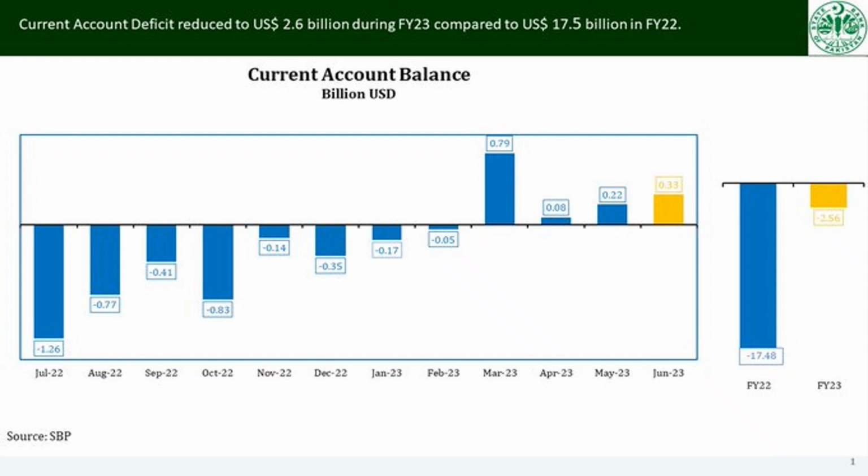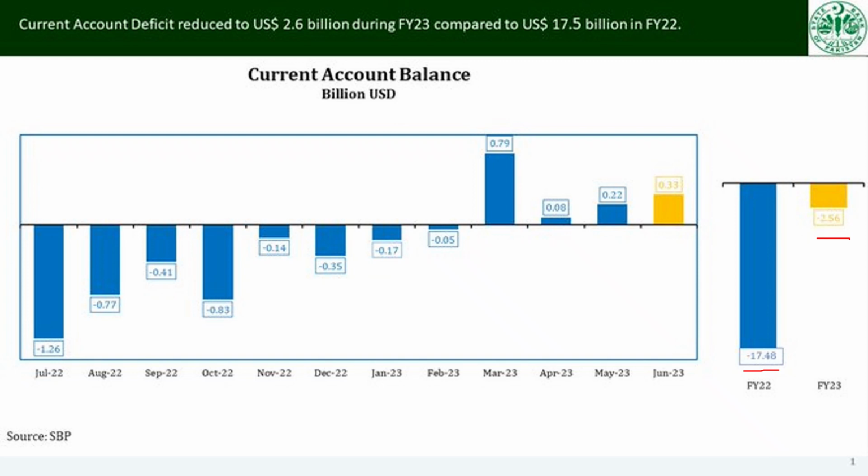In fiscal year 22, the deficit stood at $17.48 billion. And then, although the fiscal year 23 ended in a deficit, the deficit was definitely lesser than the deficit we faced in fiscal year 22.